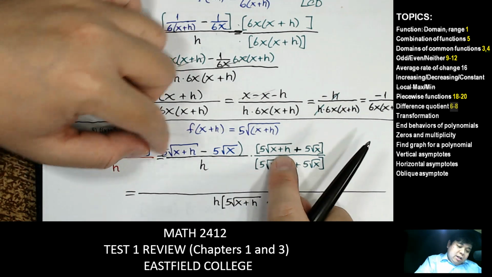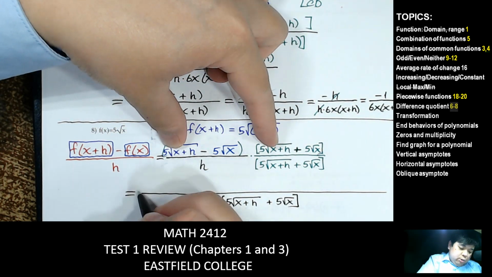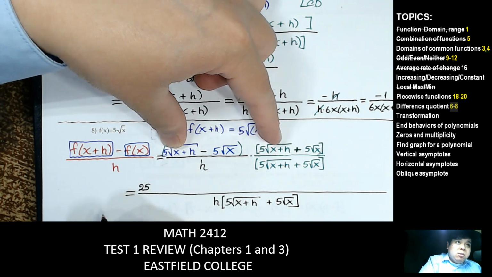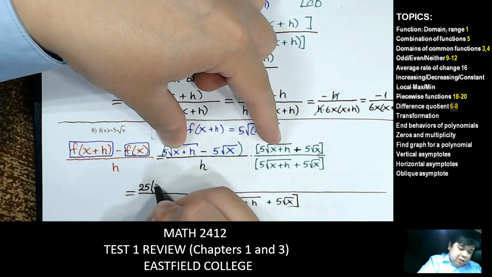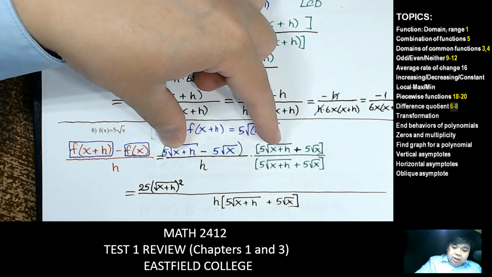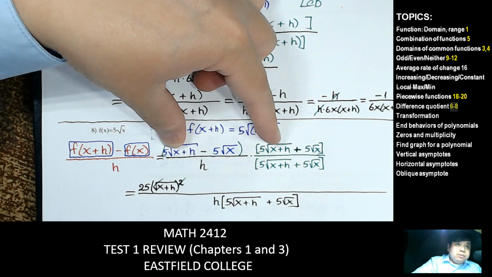So the first two terms here, that multiplied with that will be 25 square root of x plus h times square root of x plus h. Because it is multiplied by itself, it will be a square, and later on the square will cancel with the square root.